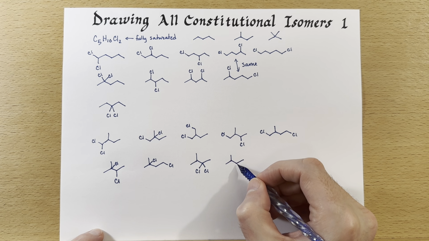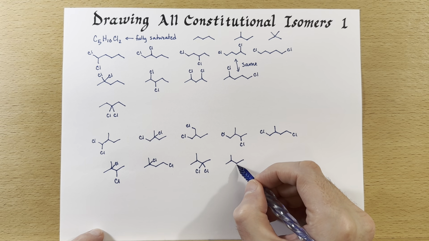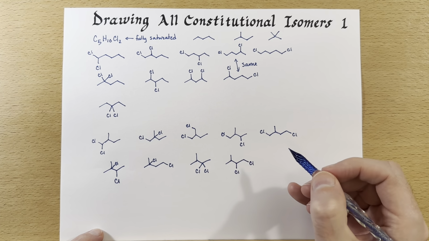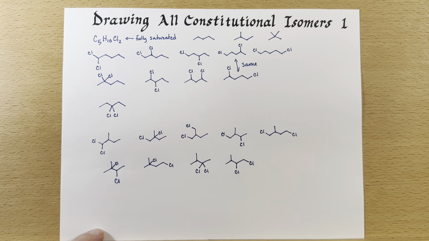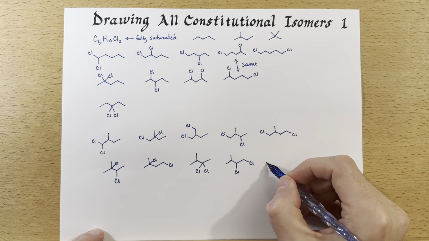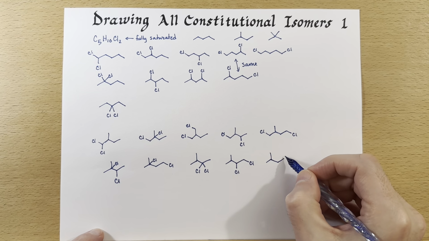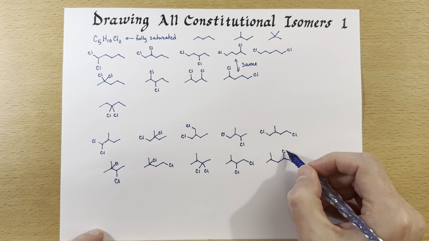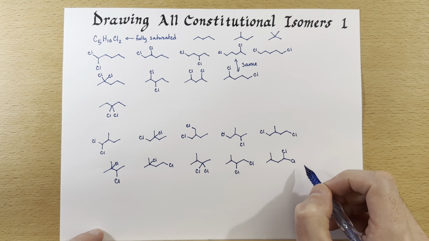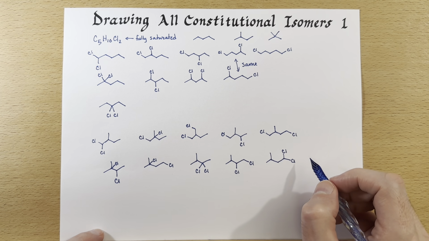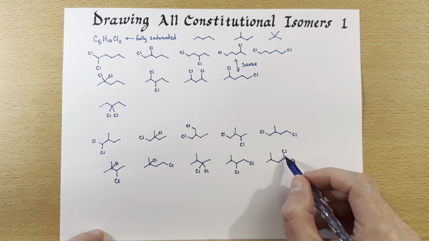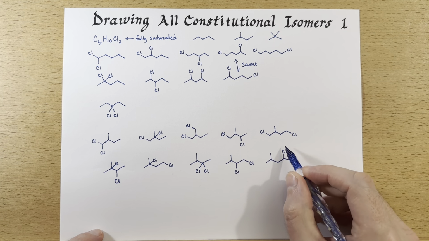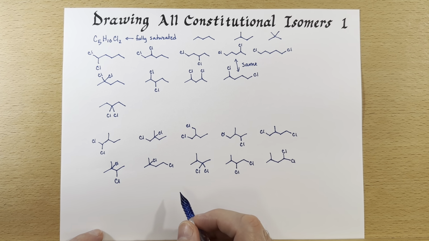Let's see. I could put one here and one there. And then I can also put both of them on this other carbon here, which would now put them both on the first carbon, because that would now be the new first carbon.